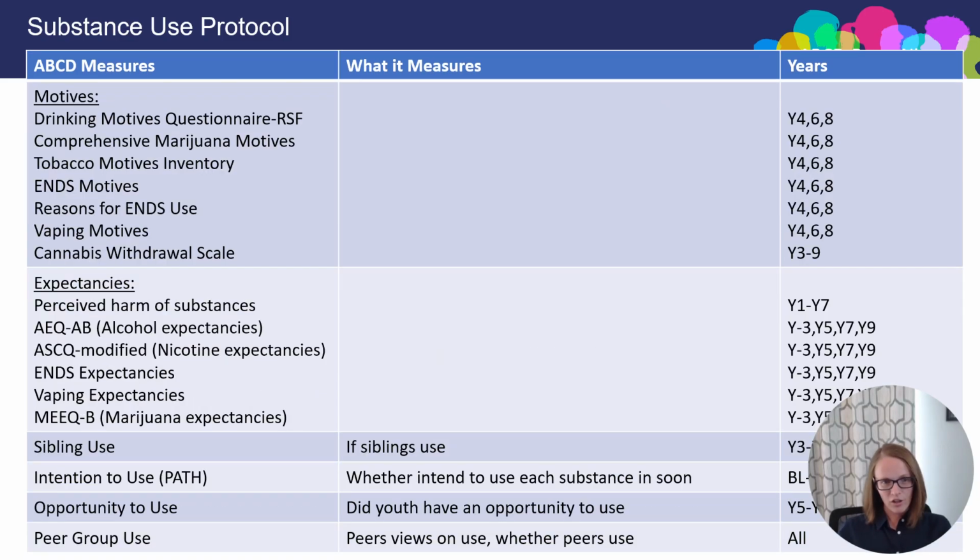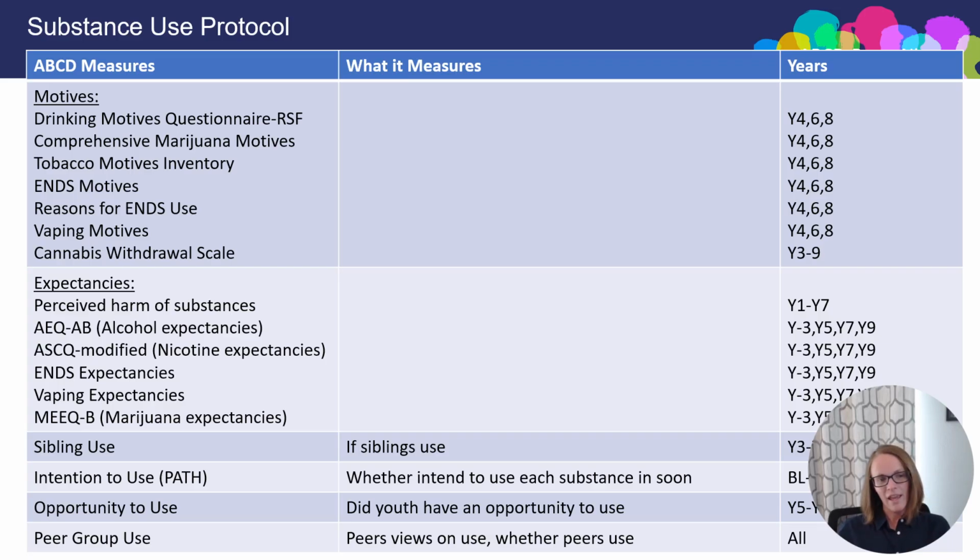We're also very curious about drinking motives and why youth may be using any substances. And so we have the drinking motives questionnaire, we have a marijuana motives questionnaire, we have a tobacco motives questionnaire, we even have things like ENDS or electronic nicotine delivery systems, and vaping, so basically vaping any substance, even if it's not necessarily containing nicotine or cannabis products.